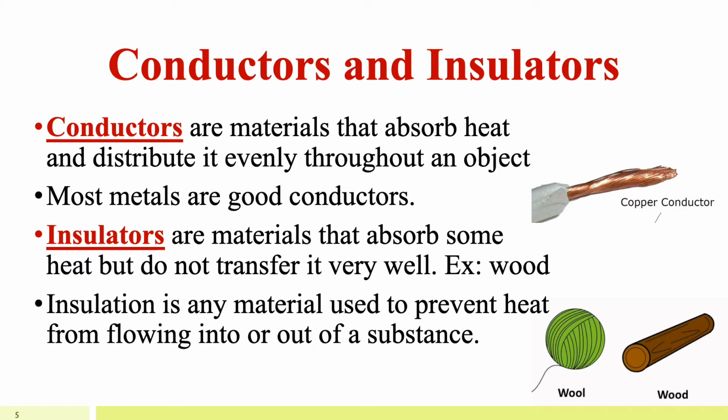Heat cannot transfer through them very well. Examples of conductors are metals, like copper, which is an excellent conductor. An example of an insulator is wood. Insulation means any material used to prevent heat from flowing into or out of a substance.